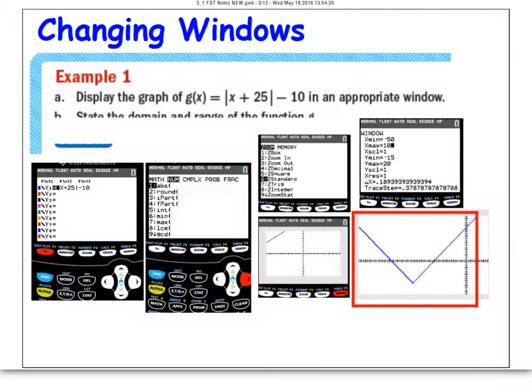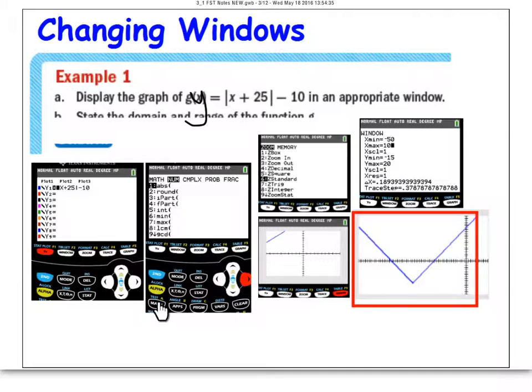They want us to graph g of x equals the absolute value of x plus 5, all minus 10. Now for our graphing calculator purposes, g of x is just y equals, and find an appropriate window. So to do the graphing, we're going to click on y equals, and up here we're going to type the absolute value. Now to find the absolute value, you're going to have to select this math button.